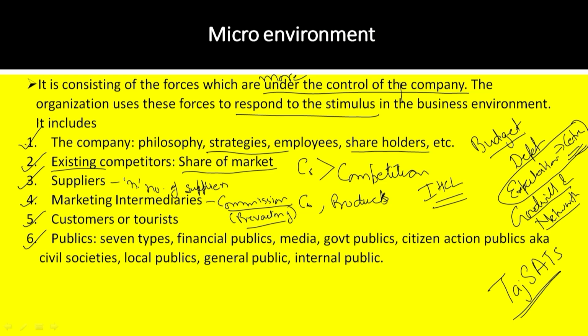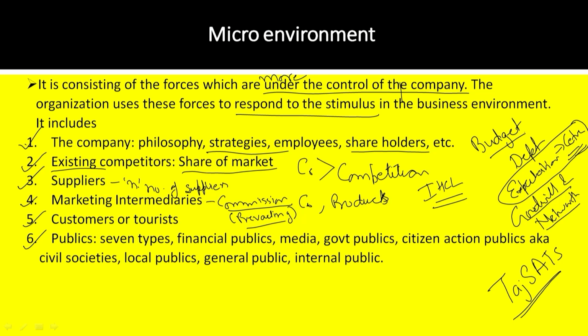Government public is like Ministry of Tourism, Department of Tourism, different types of departments which the government has opened or has been operating for the benefit and convenience of the tourism industry.